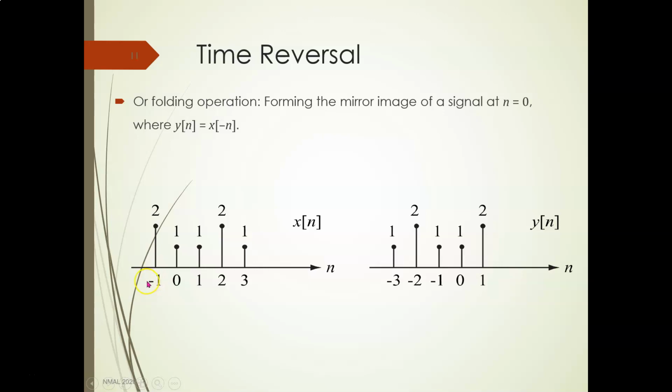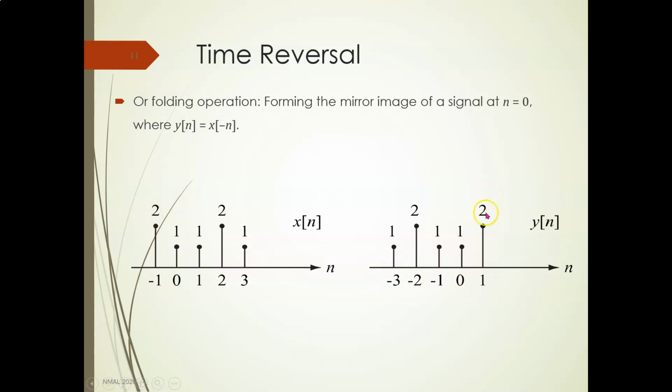So for example here, here is negative 1. So the new y[n] here, which is the time reversal, it will become 1. Okay, and 0 is still 0. 1 here will become negative 1, 2 negative 2, and 3 will become negative 3. And the values of the amplitude here follow the n here. When n equal to negative 1, the new value of n is 1.